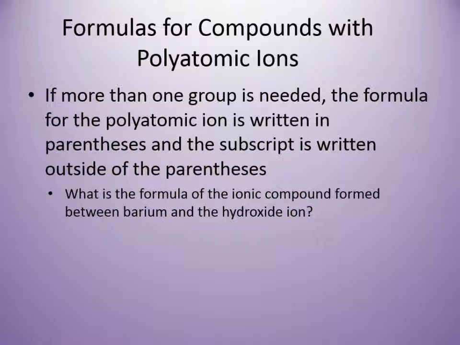But if you find barium on the periodic table, where is it? Same group, right? So if calcium and hydroxide was Ca(OH)2, what do you think barium's going to be? Ba(OH)2. Okay. Good there?